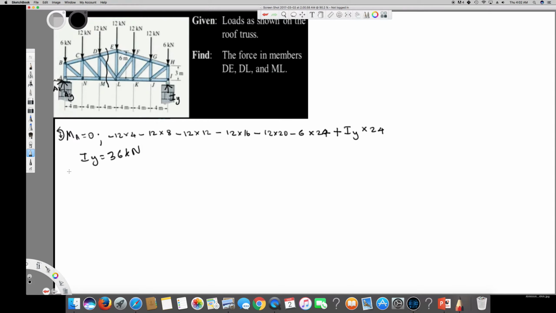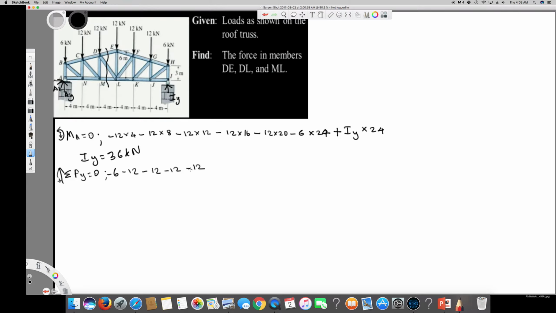I can now find Ay using vertical components. If I take total Fy equal to 0, with upside positive, and solve for Ay, it's going to be 6 minus 6, minus 12, minus 12, minus 12, minus 12.